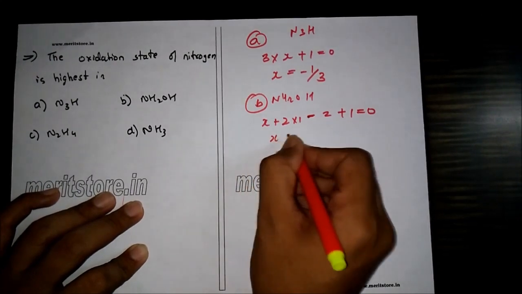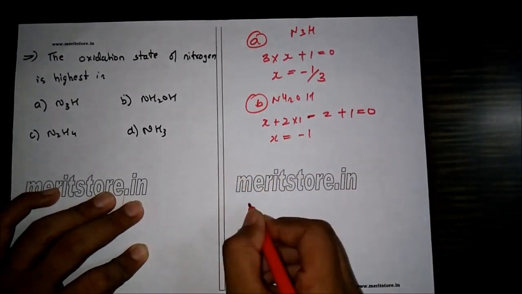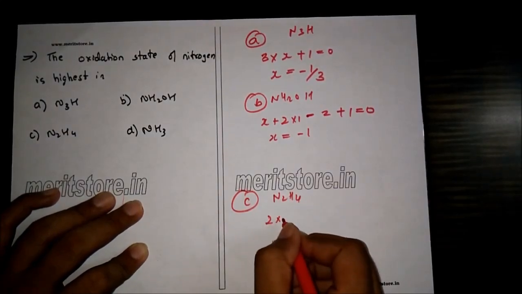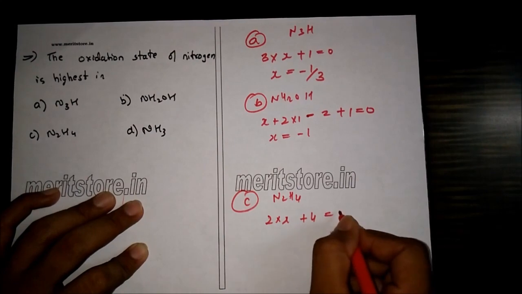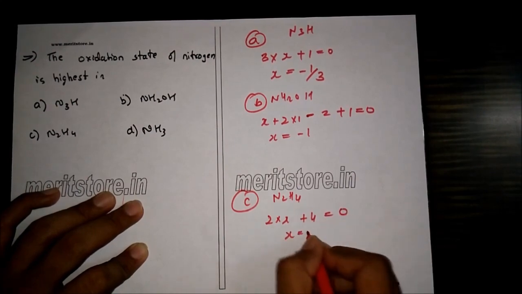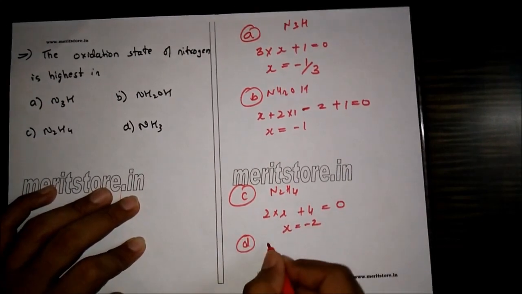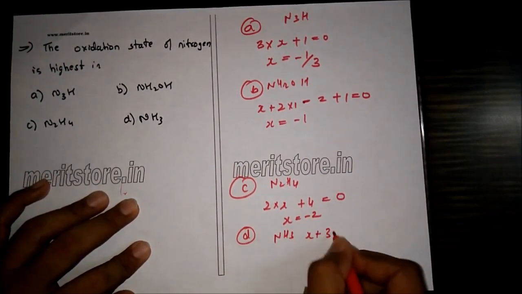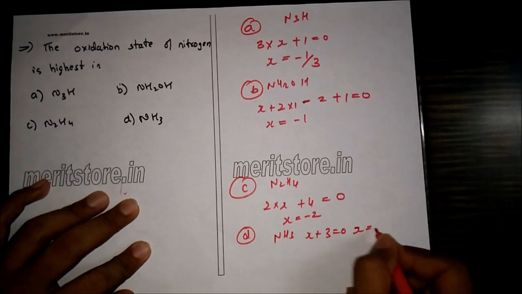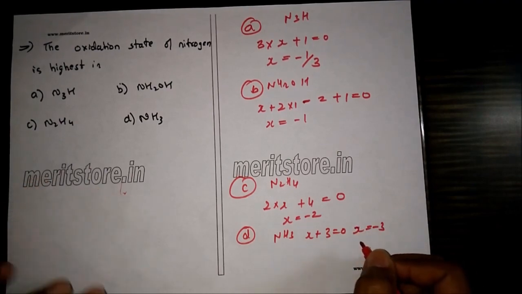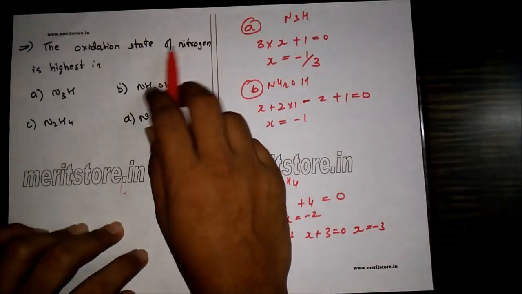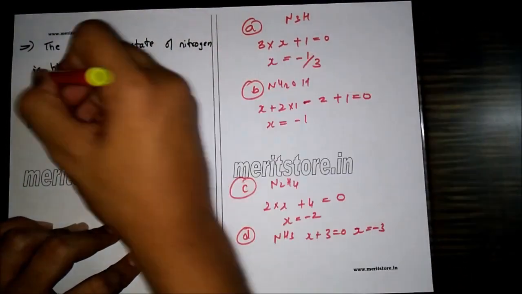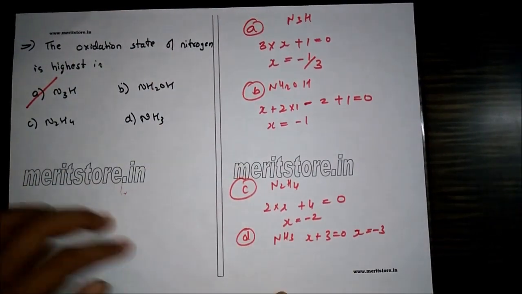Therefore, X is equal to minus 1. In option C, which is N2H4, 2 into X plus 4 is equal to 0. Therefore, X will be minus 2. And in option D, which is NH3, X plus 3 is equal to 0, therefore X is equal to minus 3. Hence, the oxidation state of nitrogen is highest in option A, which is N3H, minus 1 by 3. Therefore, the correct answer is A.